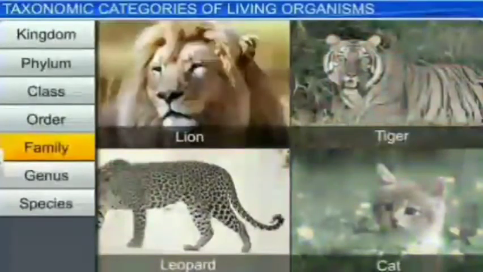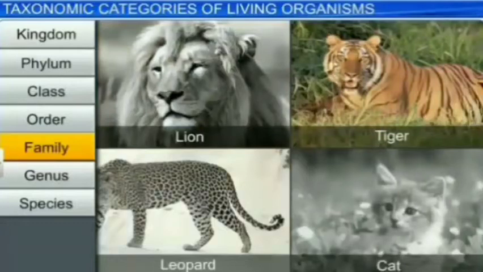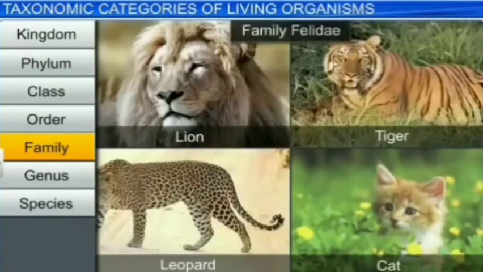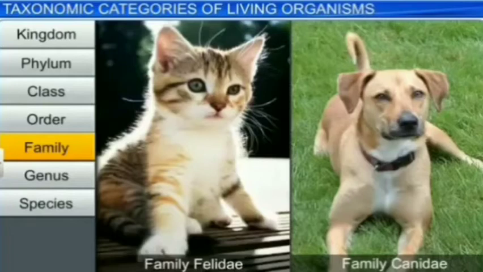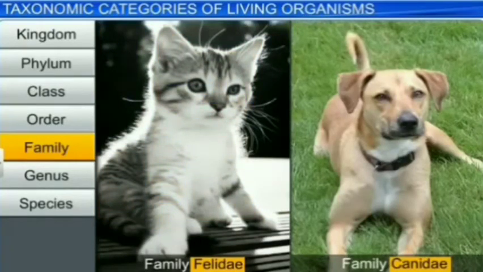Likewise, the lion, the tiger, the leopard, and the cat fall into the family Felidae. Although a cat and a dog exhibit some similarities and some differences, they are separated into two different families, Felidae and Canidae, respectively.